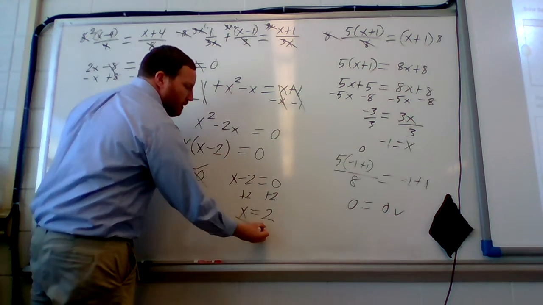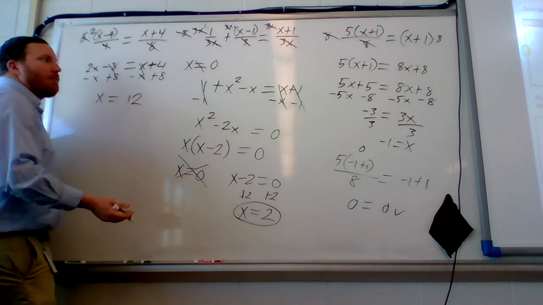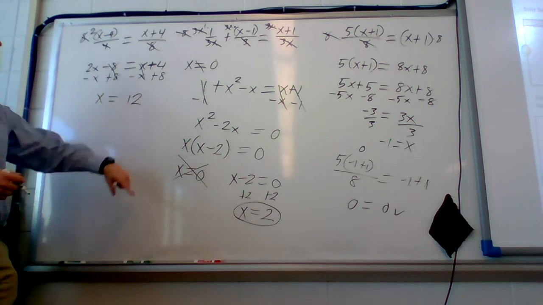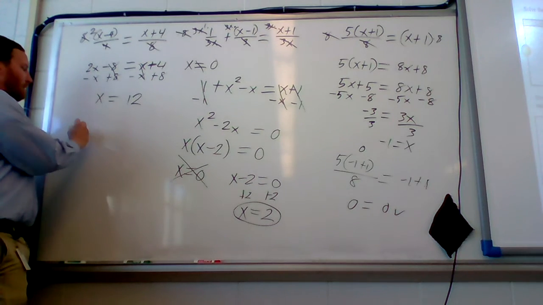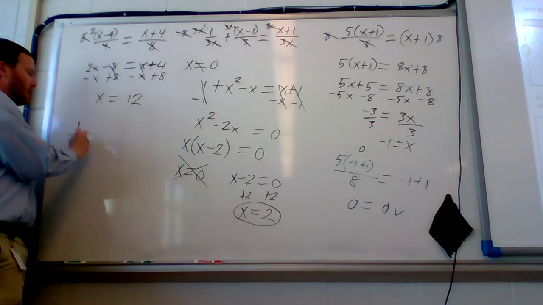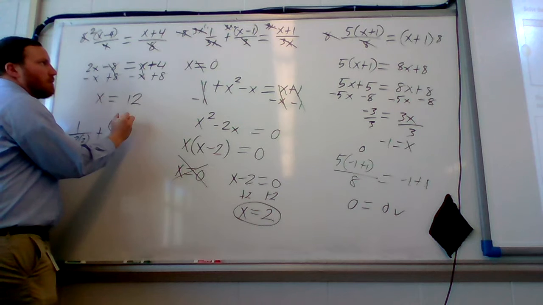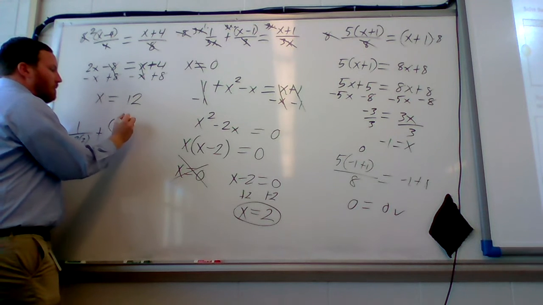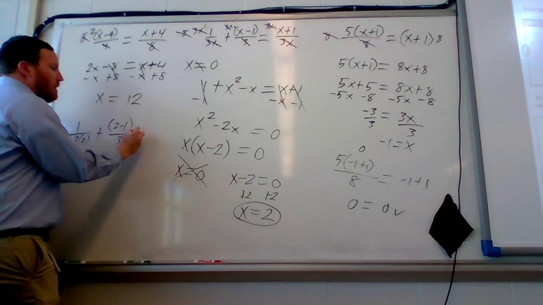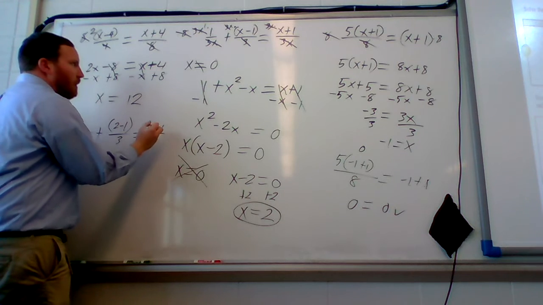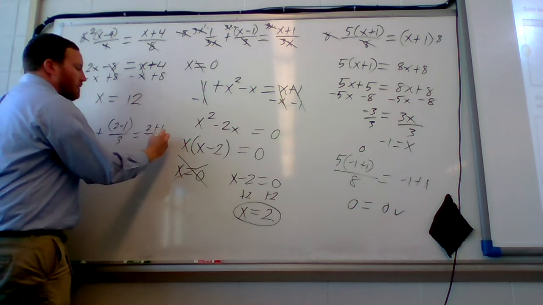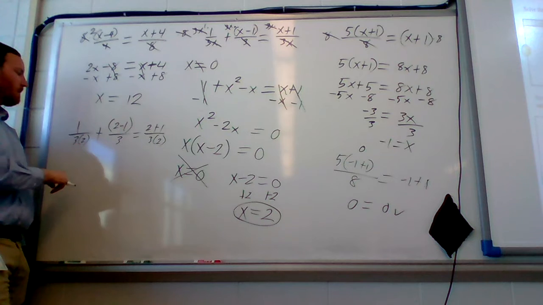2 does work. And again, we can check that. So if we plug in 2 into our original equation, we get 1 over 3 times 2, plus 2 minus 1 over 3, equals 2 plus 1 over 3 times 2.